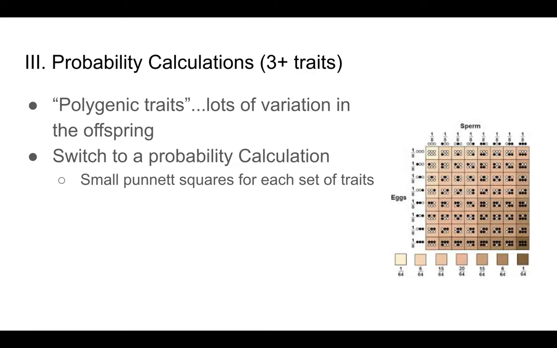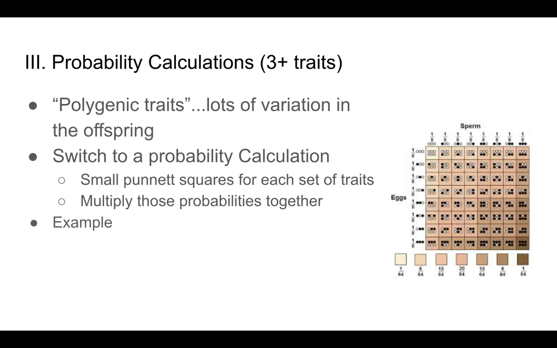We're going to make a small 4-box cross for each trait, and then we're going to multiply the probabilities of those traits together to see what kind of offspring we could create. So the biggest cross you'll ever do here is a 4-box cross, and then you'll just multiply some values together at the end.